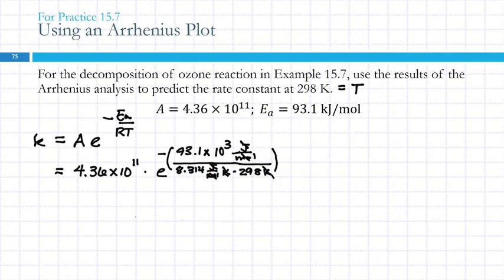You can use the fraction button on your calculator, or you can put parentheses around these guys. If you don't put parentheses down there and you go this divided by this times 298, it's going to take this fraction and multiply the whole thing by 298, and your answer is going to be off by a factor of 298 squared. So we don't want to do that. So I'm going to divide by parentheses 8.314 times 298, close the parentheses.